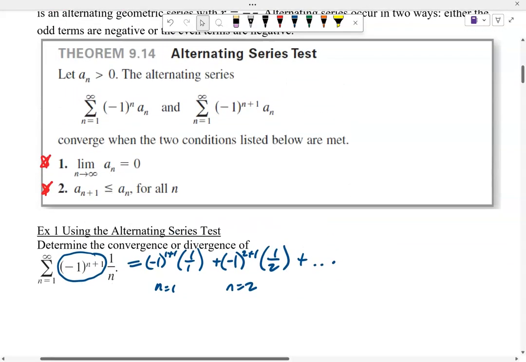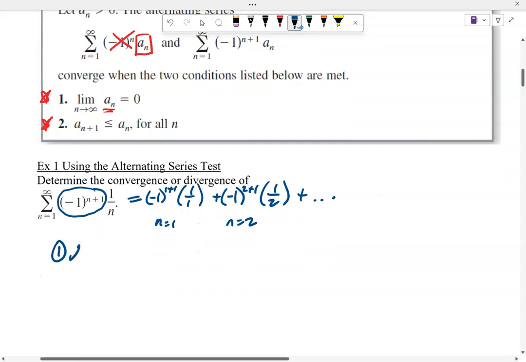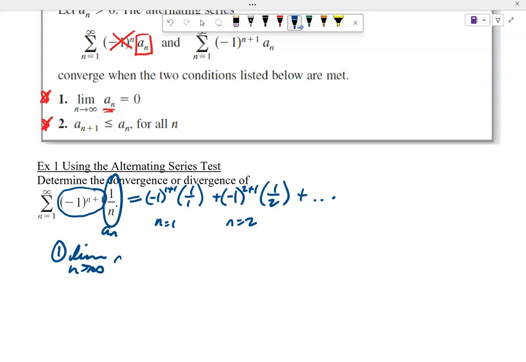So if I look up here at the alternating series test, if I ignore the alternating part, that's my a sub n, and that's what I want to analyze here for number one, for the conditions being met. Does the limit as n goes to infinity of the a sub n, the part that's not alternating, equal 0?